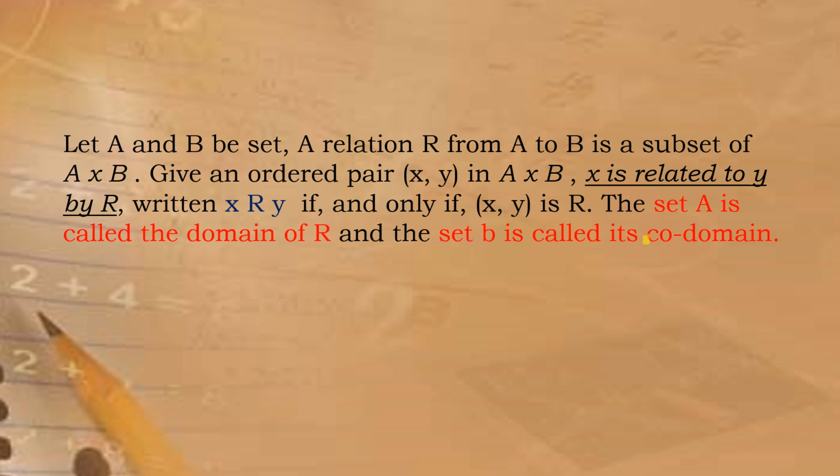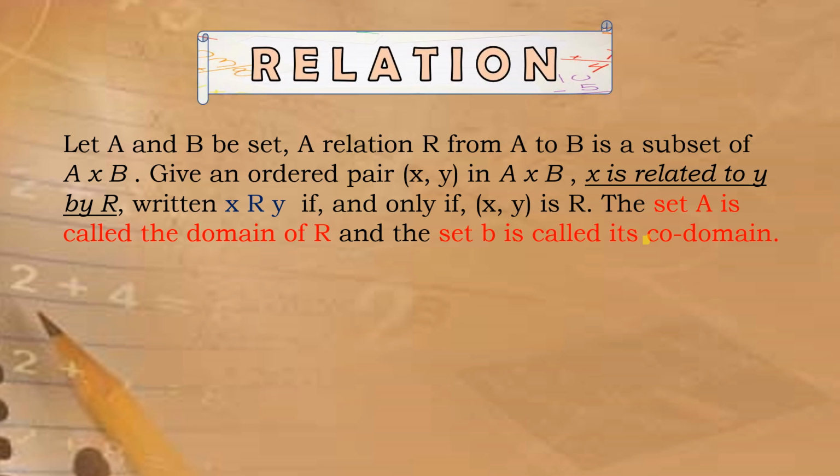With that, let's define the relation. Let A and B be sets. A relation R from A to B is a subset of A cross B. Given an ordered pair X, comma Y in A cross B, let's remember that X is related to Y by R, or by relation, written as X, capital letter R, then Y, if and only if the ordered pair X and Y is a relation.